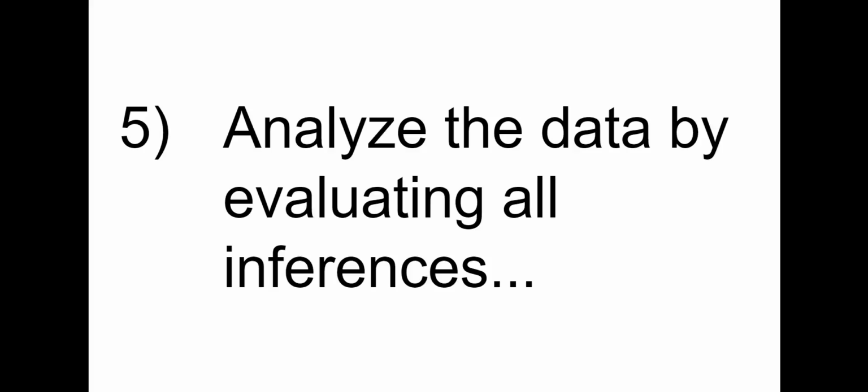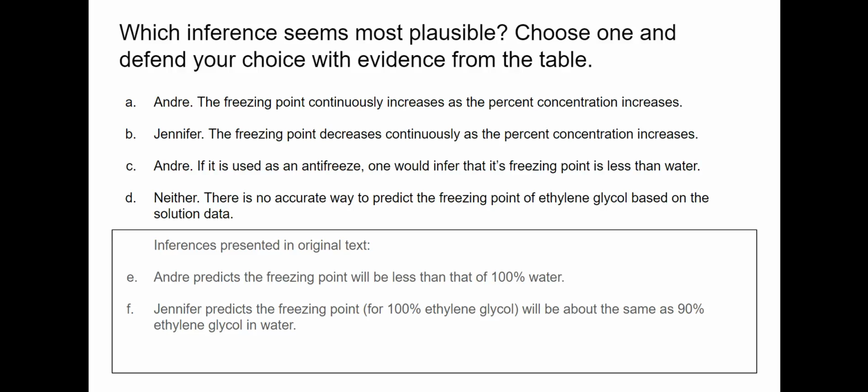So let's continue to analyze this data by evaluating each inference. Each one of these, we need to look at them and compare them to our graph to see which ones are the most plausible. Some of these may be completely incorrect if we compare them to the data table.